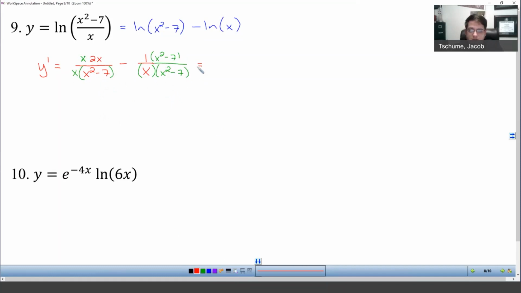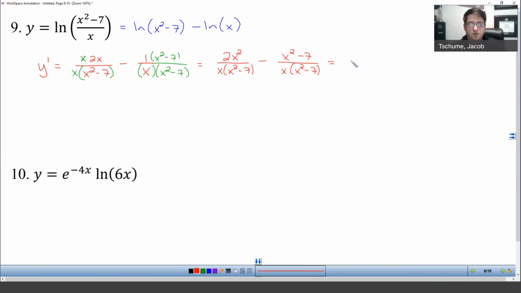Now, if I clean this up a little bit, this does become 2x squared on the top of the first fraction times x squared minus 7, minus, multiplying by 1 doesn't do anything, so we'll leave that as x squared minus 7 over x times x squared minus 7.